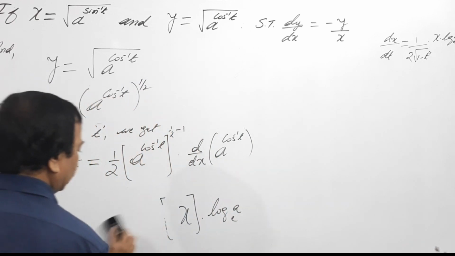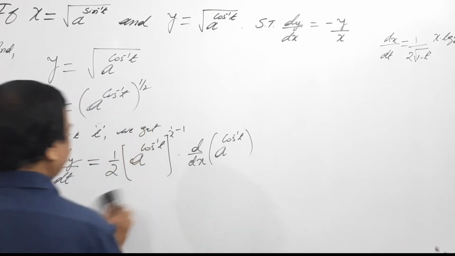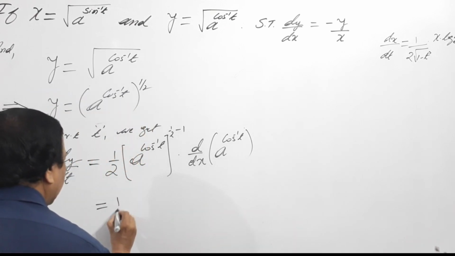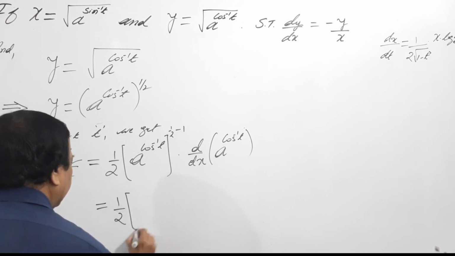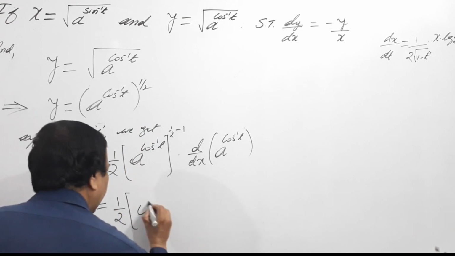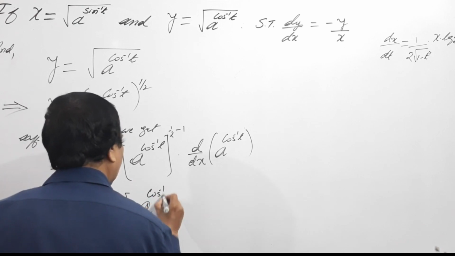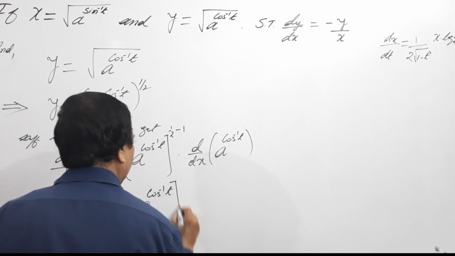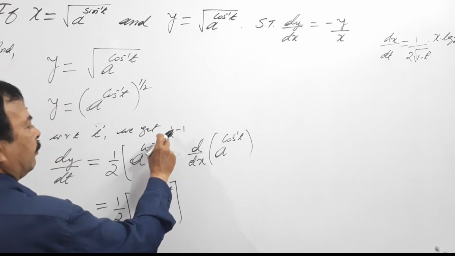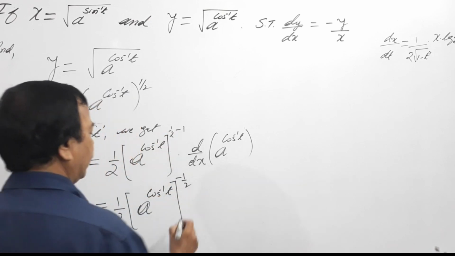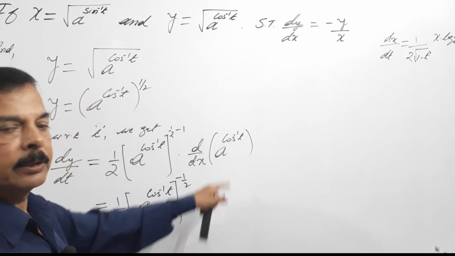So what happens to this? This equals to half into a to the power of cos inverse t. This becomes half minus 1, so this becomes minus half. And what about this?